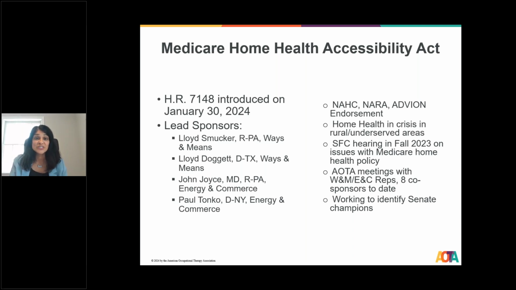We have worked really hard to receive the endorsements of a number of healthcare organizations, including NAHC, the National Association for Home Care and Hospice, the National Association for Rehab Providers and Associations, and Advion, the group that represents the skilled nursing facility industry. And there's a recognition that really home health is in crisis in rural and underserved areas, and that the additional availability of occupational therapy could help.